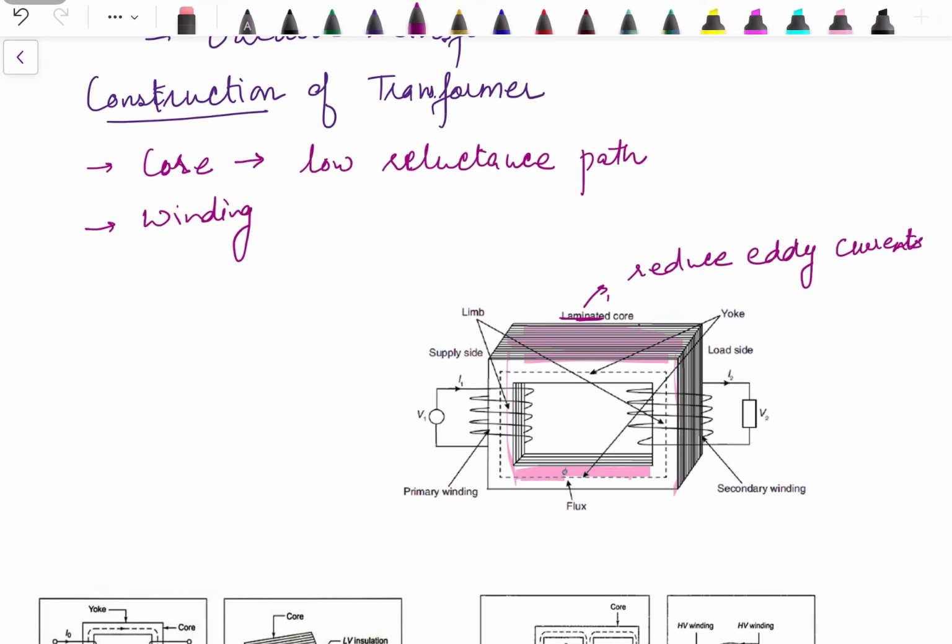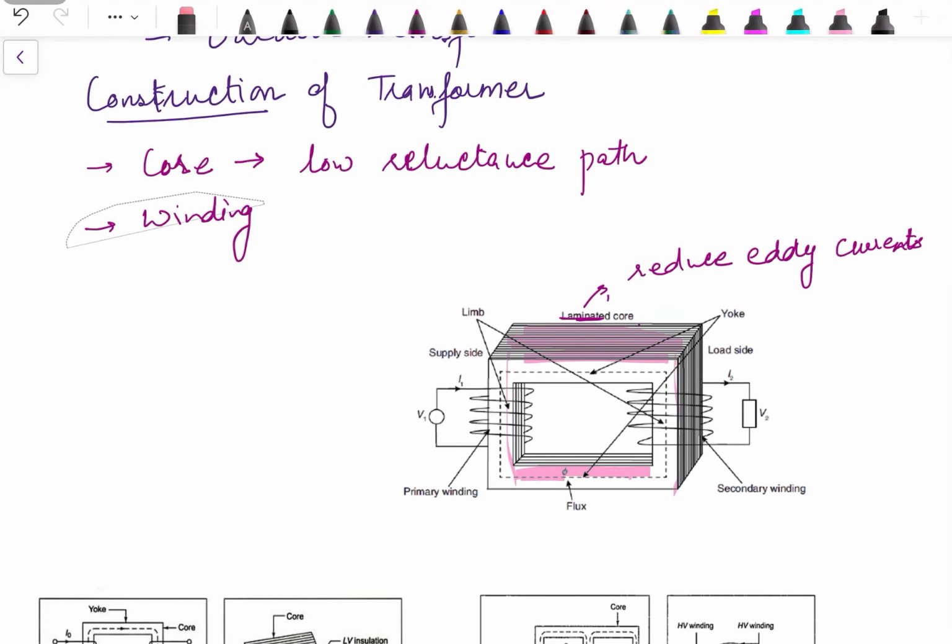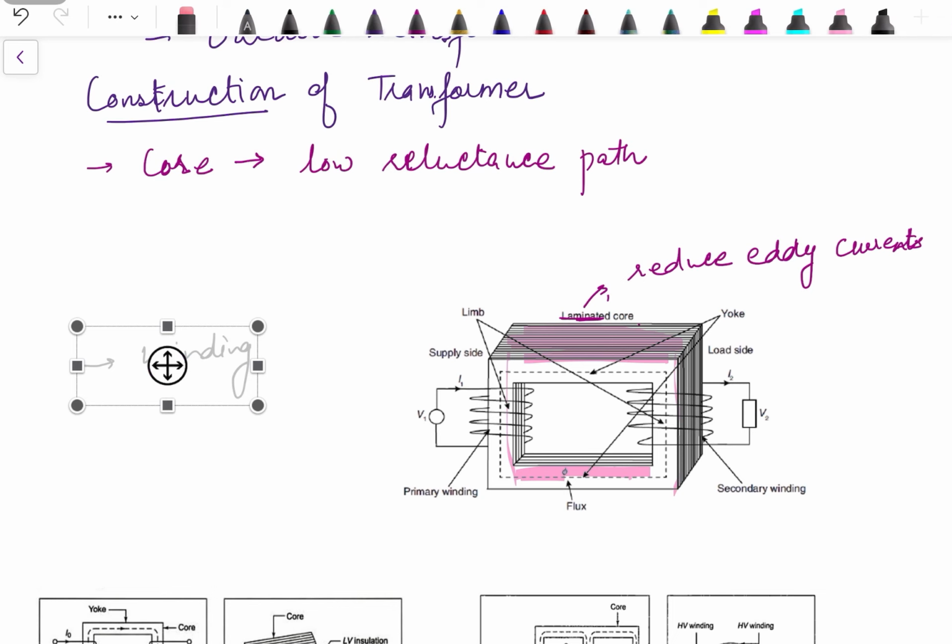And in order to have minimum hysteresis loss, a special material is used for the core which is known as CRGO silicon steel.